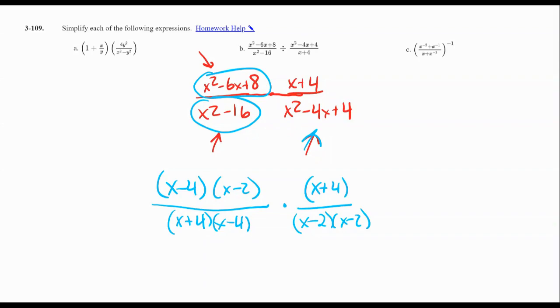And now, again, because we are multiplying here, I can cancel these things out that are the same. So I have an x plus 4 on the top and bottom, an x minus 4, and x minus 2. The only thing left on the top is 1, and the only thing left on the bottom is x minus 2.